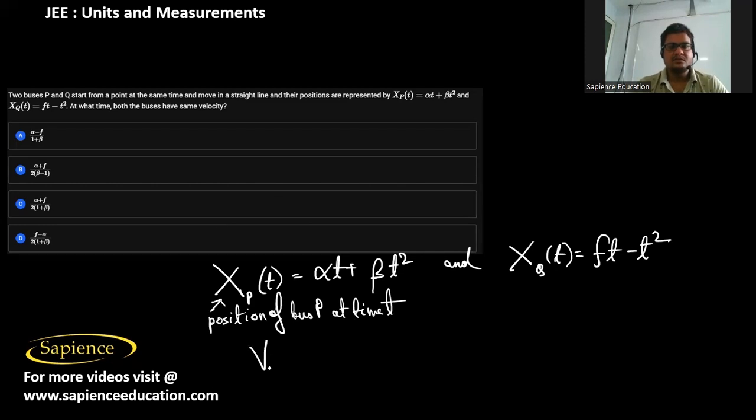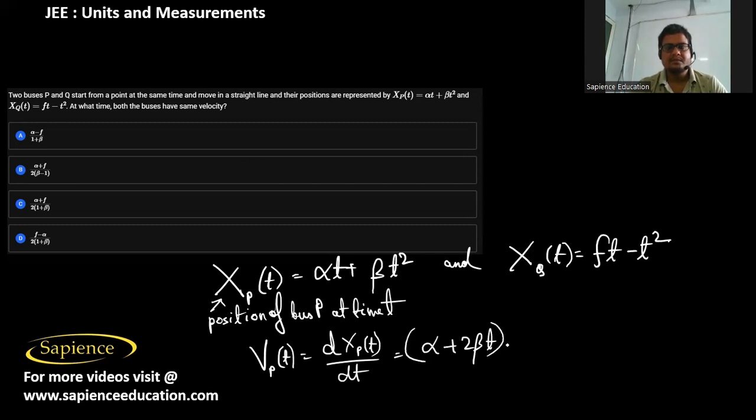Therefore, the velocity of the bus P at any time t will be equal to dxp by dt, which is alpha plus 2 beta t, and the velocity of bus Q at any time t is equal to dxq by dt, so that will be f minus 2t.